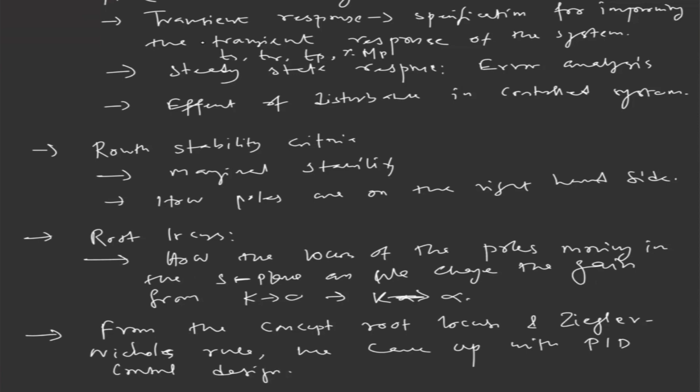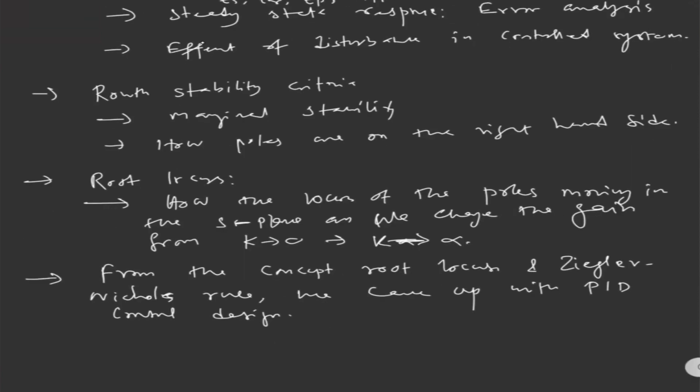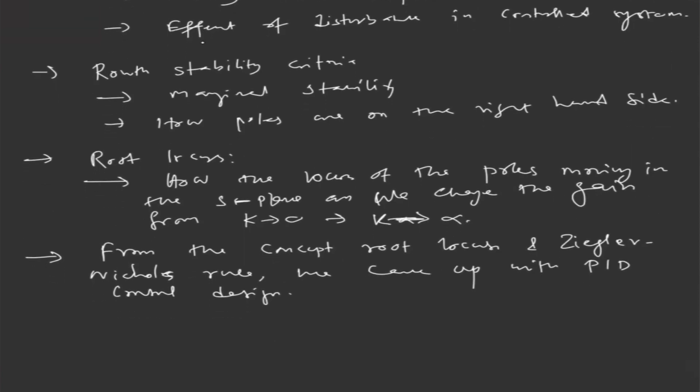And we had many examples of how we can come up with these PID controls using the root locus and Ziegler-Nichols method. We have discussed it in detail.